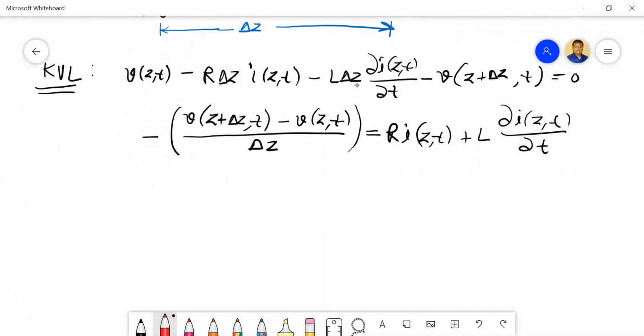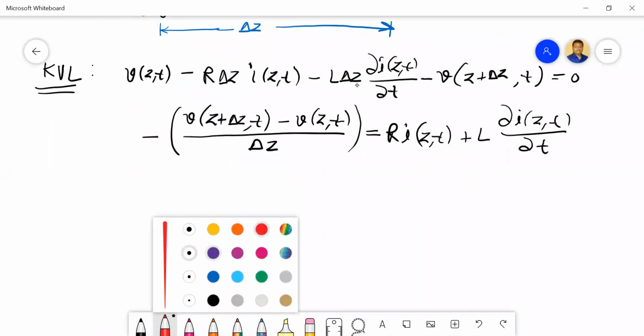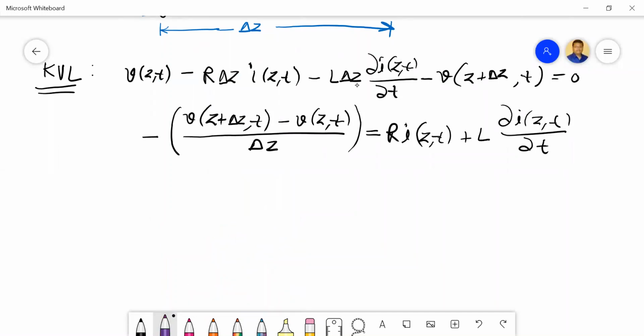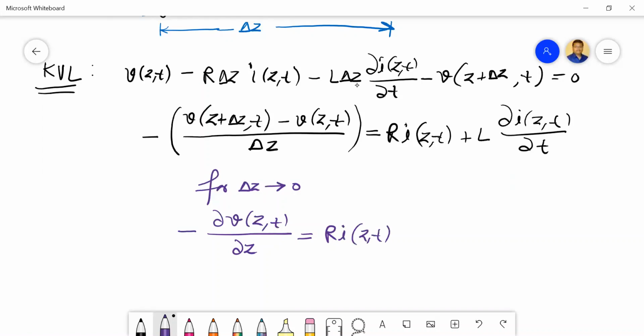Finally one can write these things as, for delta t tending to 0, dou v z comma t over dou z is equal to R i z comma t.